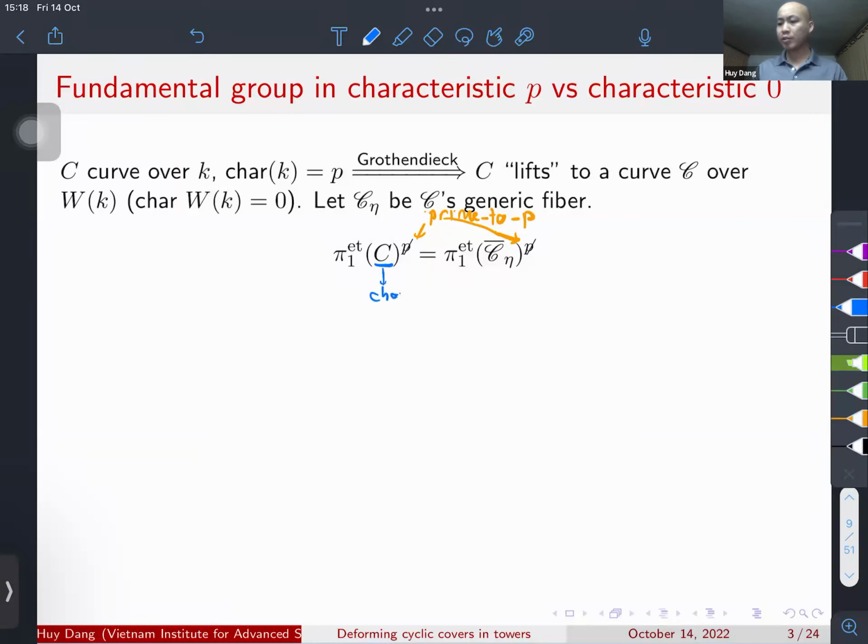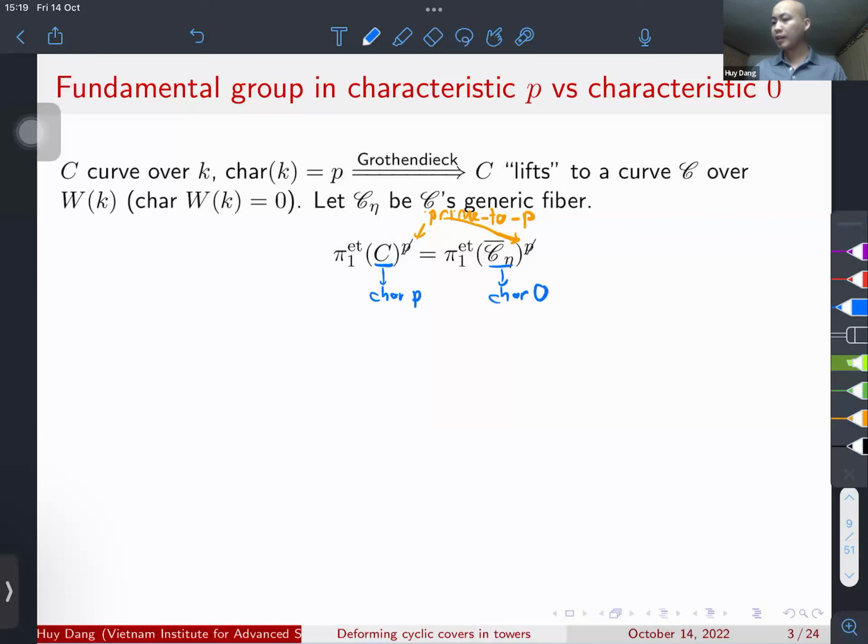Recall this one is in characteristic p and this one is in characteristic 0. So that's how you relate characteristic p to characteristic 0 through the lifting process. Quite nice. But first, what is meant by prime to p?